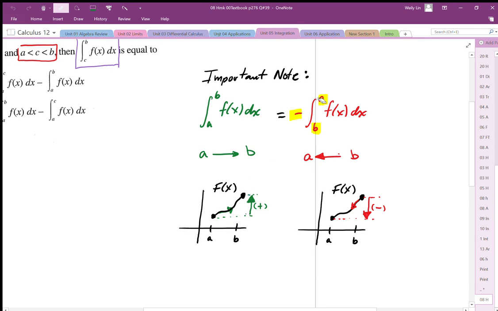Now, if I switch the bounds around and say that I integrate from b to a, that means I'm going from right to left, which is the opposite direction. So we can then say that the integral from a to b is the equal but opposite value of the integral from b to a. Okay, so that's one thing.